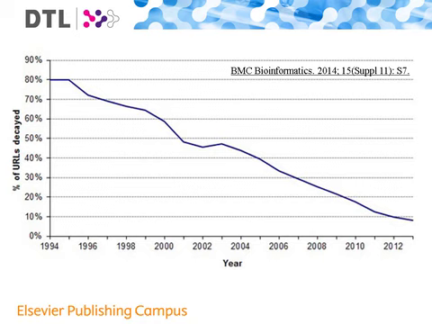In this graph from a study in 2014, we see that nearly all data on the World Wide Web that was referred to in 1994 is now gone. But even data as recent as 2 years old is already partially inaccessible. Some people refer to this as link rot or URL decay or going 404 in a technical way.